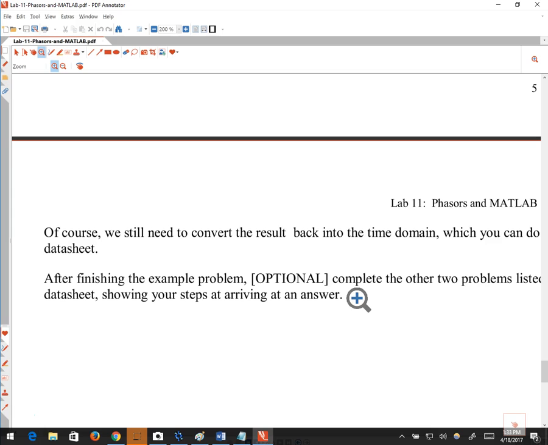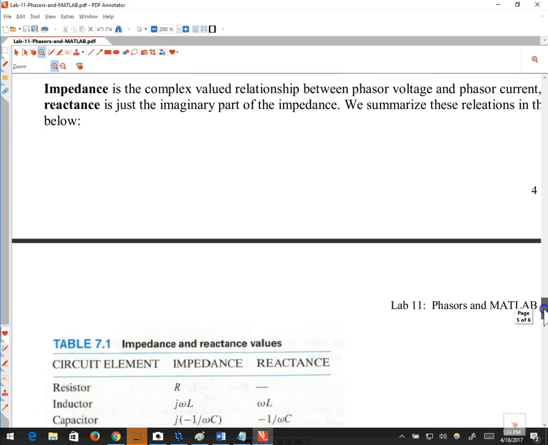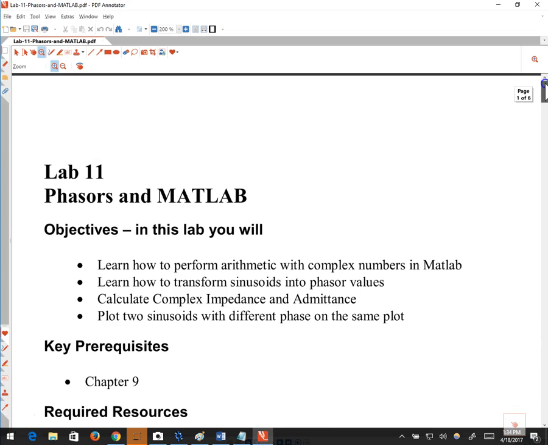But this just gets you a big picture of what's happening here. I mentioned that I was supposed to show you how to plot 2 sinusoids with different phase on the same plot, and I think that might be helpful to see. So maybe at some point I'll take a break and show you that as well, but I'd like you to try to tackle these things first.